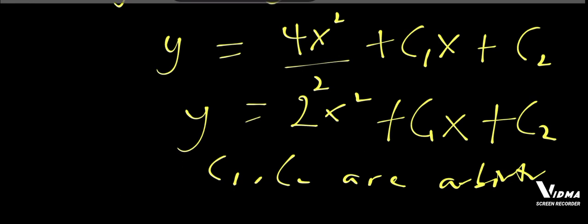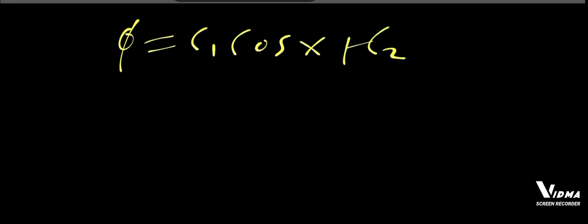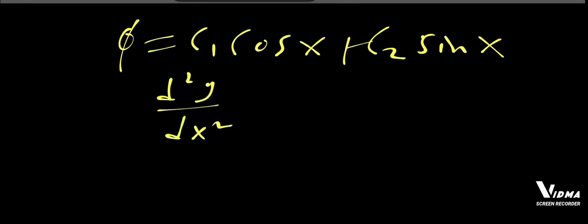And sometimes we can be asked to show whether a given equation is a general solution of a differential equation. So here in this example, I have phi equal to c1 cos x plus c2 sin x. And we are asked to show whether it's a solution of d squared y over dx squared plus y equal to 0.